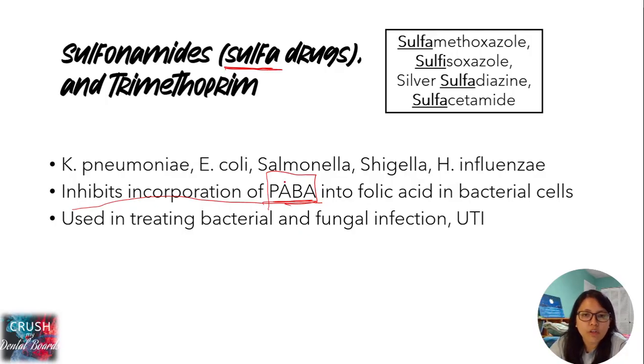If the drug inhibits incorporation of PABA into folic acid, then the bacteria will not be able to utilize it, and so they are inhibited. Now, sulfonamides are used in treating bacterial and fungal infection and urinary tract infection.